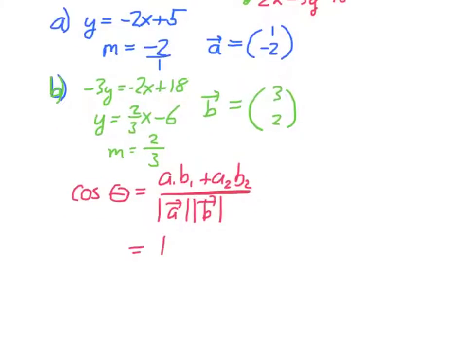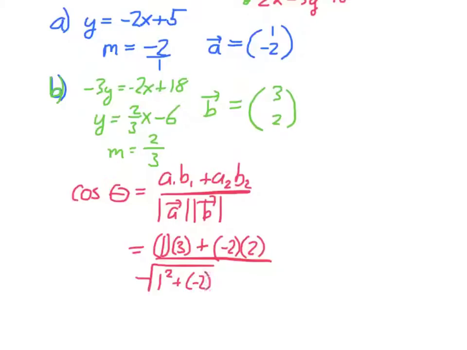So A1 is 1, B1 is 3, A2 is negative 2, and B2 is 2. And remember the magnitude of vector A is the square root of the sum of both components squared, so the square root of 1 squared plus negative 2 squared, and over here I have the square root of 3 squared plus 2 squared.